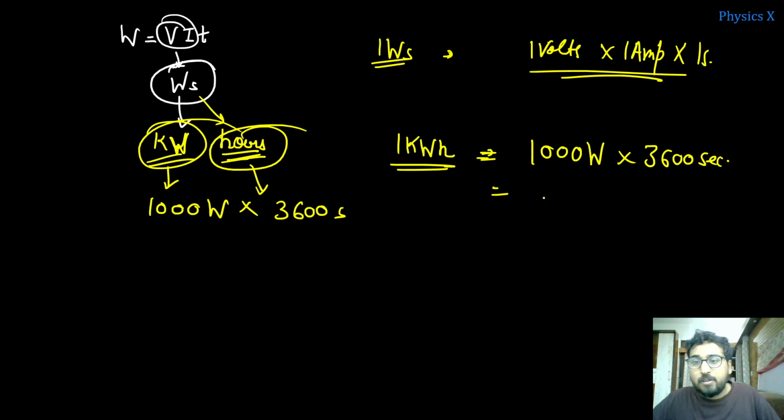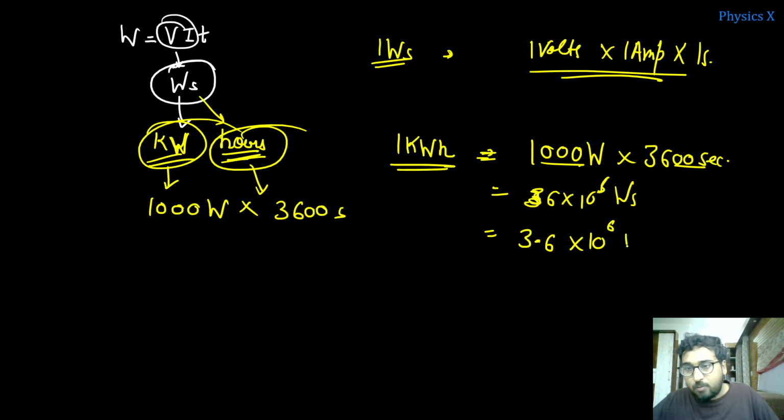This is nothing but 36 into 10 to the power 5 watt second. In scientific notation I write the point after the first significant digit, so it will be 3.6 into 10 to the power 6 watt second. This is your 1 kilowatt hour.